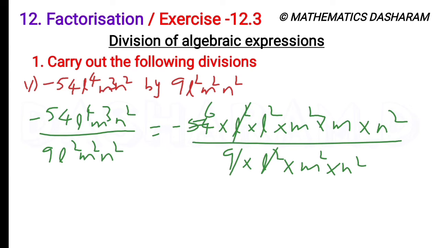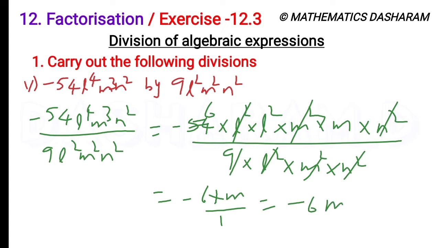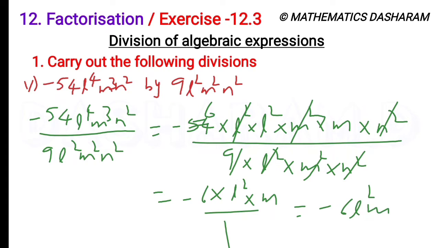L square, m square, n square cancel. So minus 6 into m, and the denominator is 1. So minus 6m is the answer. Sorry, here L square is also there. So minus 6 L square m by 1, so minus 6 L square m.